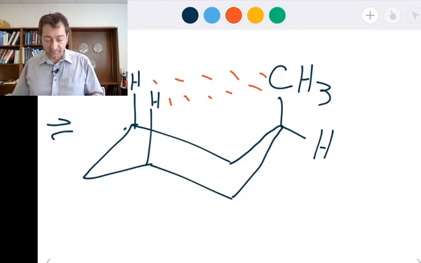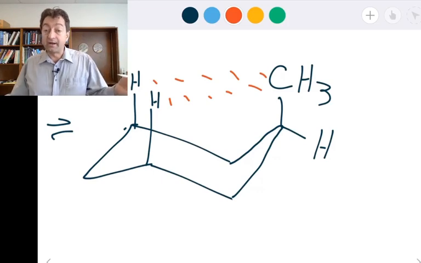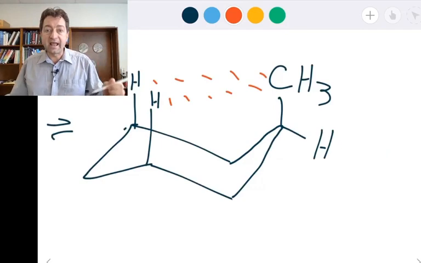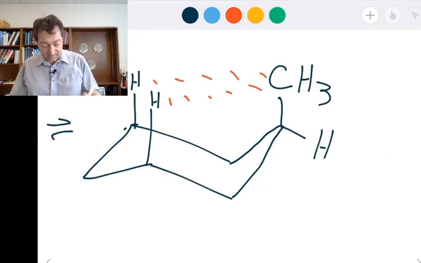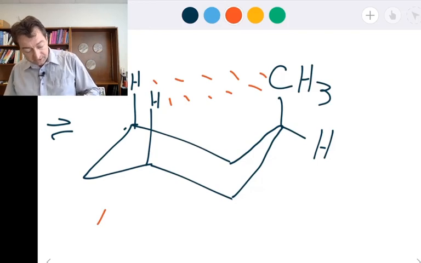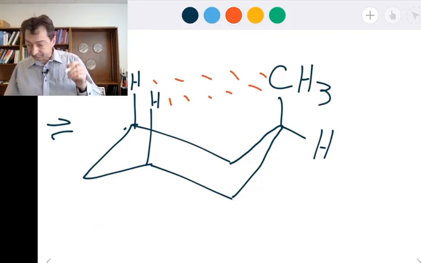We can observe that the conformation where the methyl group is axial is higher in energy than the conformation where that methyl group is equatorial. What's that interaction cost in terms of energy?